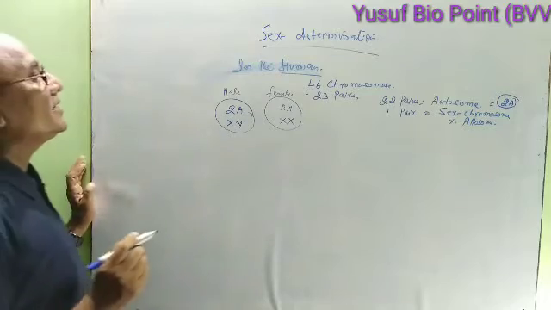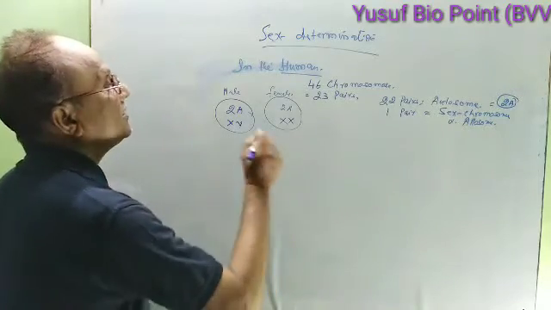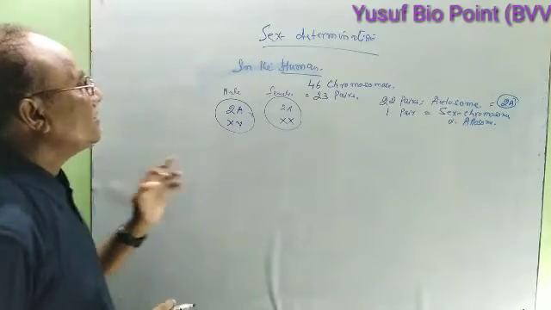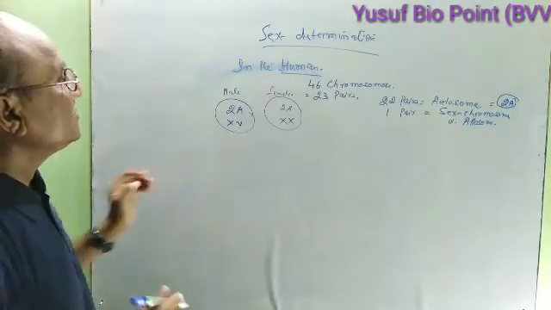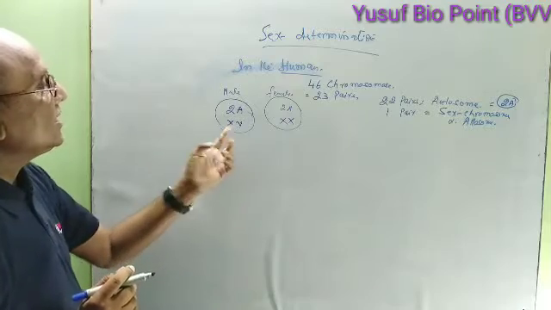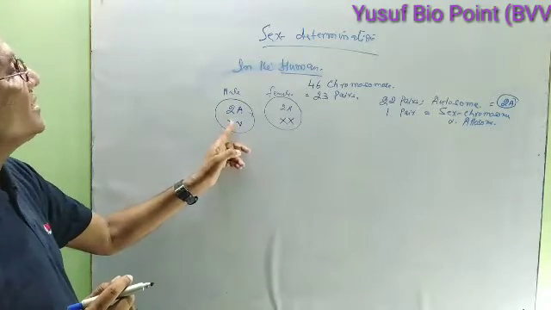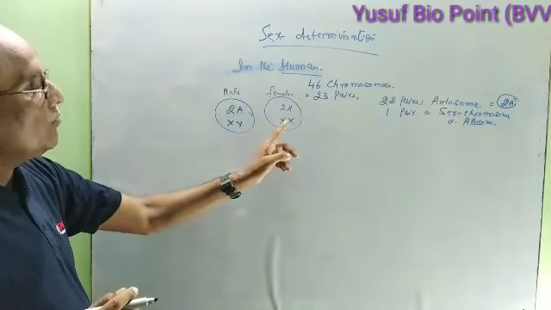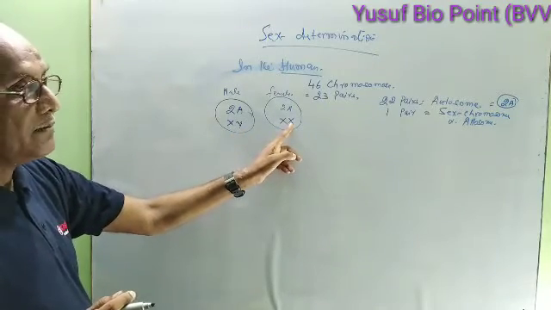Acha, one thing in the case of man and Drosophila. One thing you see is that in the male, the gametes are of different types, and in the female they are of the same type.